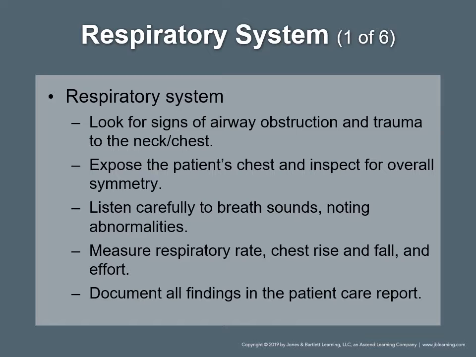It's called paradoxical motion, and we'll get into that as we assess more injuries and trauma. We're going to listen and auscultate breath sounds. You can sometimes hear things like stridor, which is an upper airway obstruction that we've kind of talked about before. It's a high-pitched sound that you're going to hear from their upper airway.